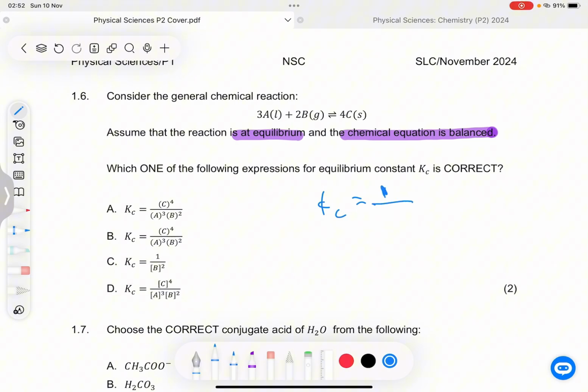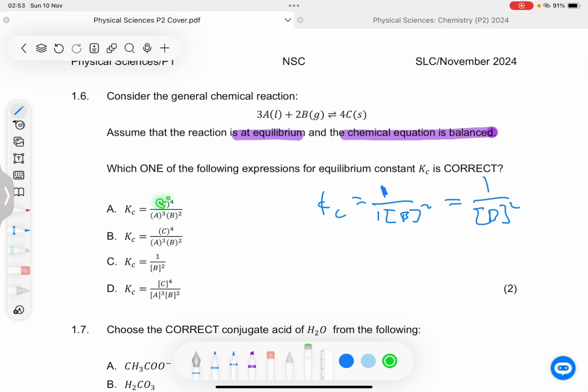We only put 1. Then we divide by. If we also have a liquid here, we'll put a 1. Then we multiply by. Then here we have a gas, which now will define it. We'll write the concentration of the gas, which is B to the power 2. We take this and put it as a power, right? This would simplify into something like this.